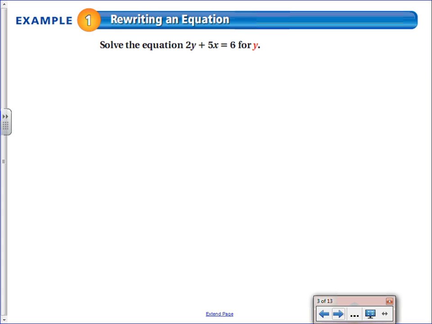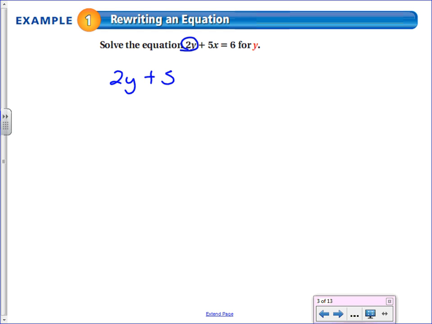We're going to solve for y. When solving for y, I want to make sure I highlight my term that I'm going to solve for. So my y is with the 2. This means I can't touch anything with the y until I know I have it by itself on the equal sign.